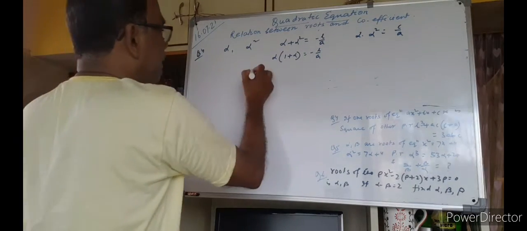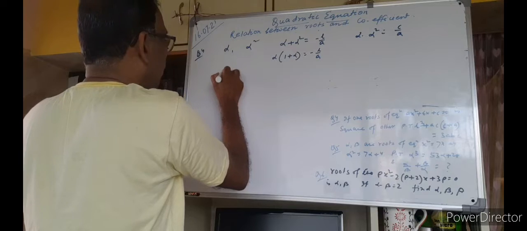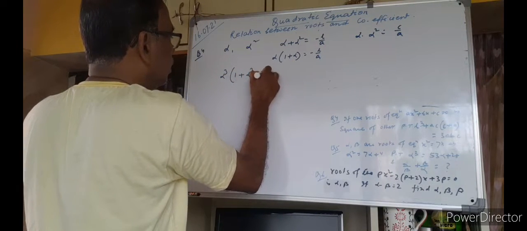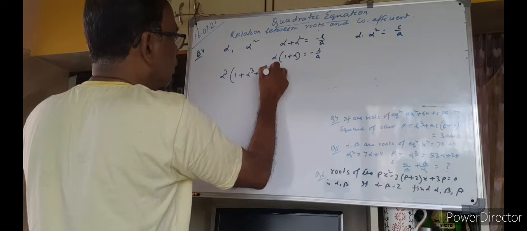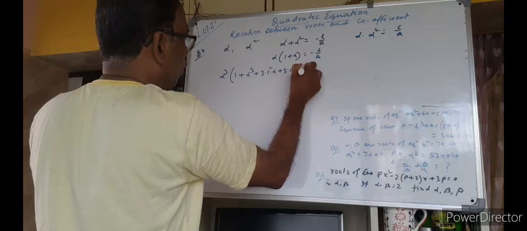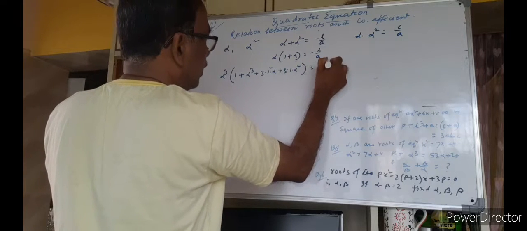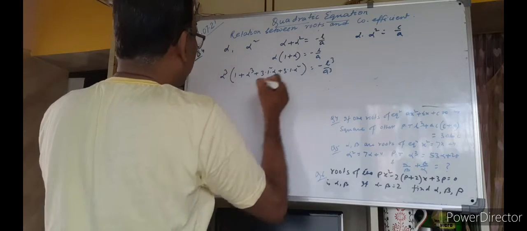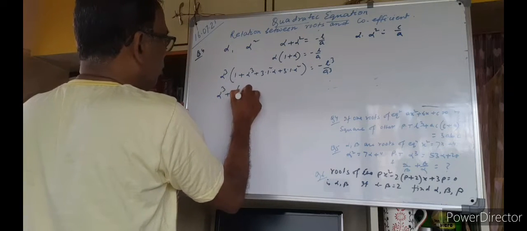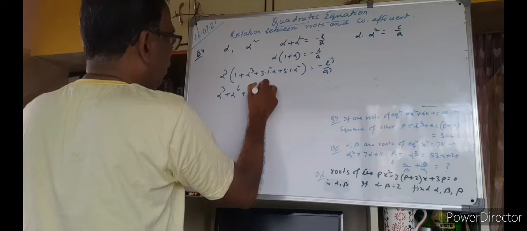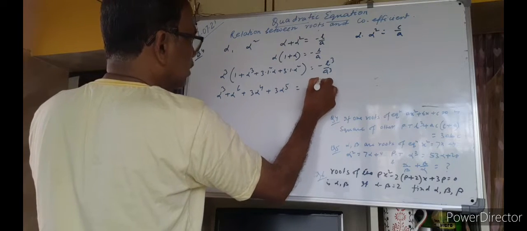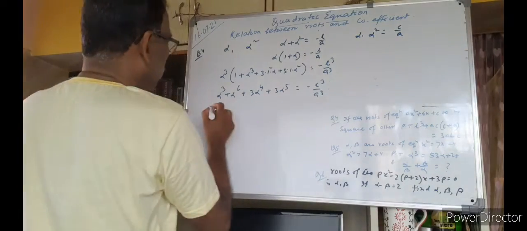So cubing both sides: alpha cube, 1 plus alpha cube, plus 3 into 1 square into alpha, plus 3 into 1 into alpha square, equals minus b cube by a cube. So alpha cube plus alpha to the power 6, 3 alpha to the power 4 plus 3 alpha to the power 5, equals minus b cube by a cube.